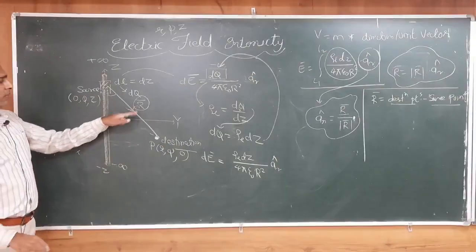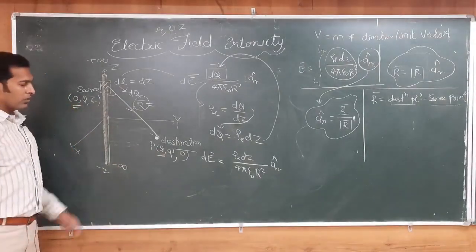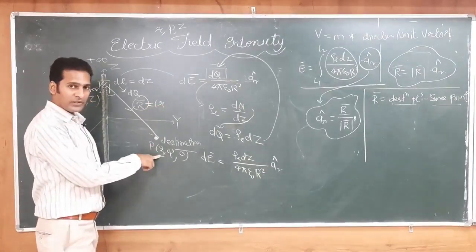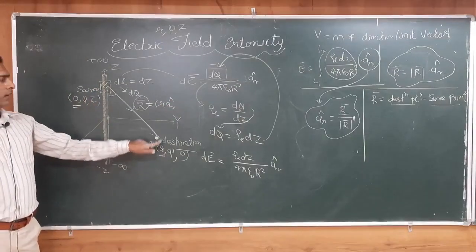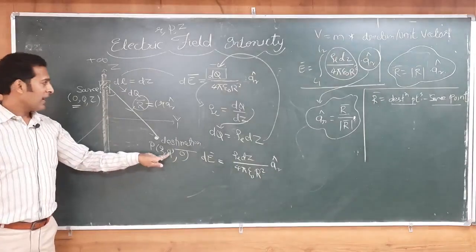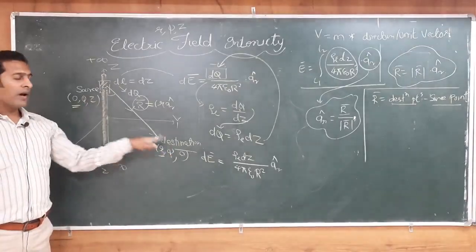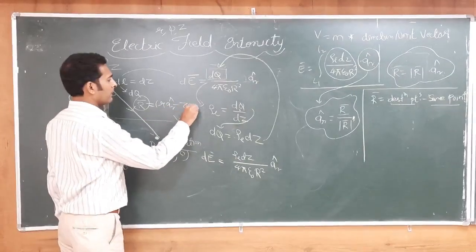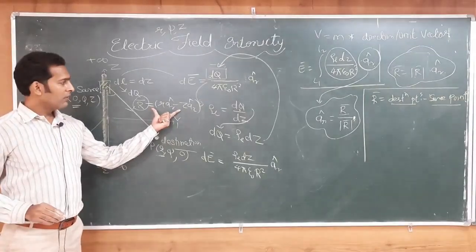So how do we calculate R bar? R bar will be destination point minus source point. So this is r; we have to take the direction of r, which is a_r cap, so r a_r cap minus 0, it will be the same value. Then phi a_phi cap minus phi a_phi cap will be 0. Then 0 minus z a_z cap, so it will be minus z a_z cap. So this is our R bar. What will be the mod of R bar?